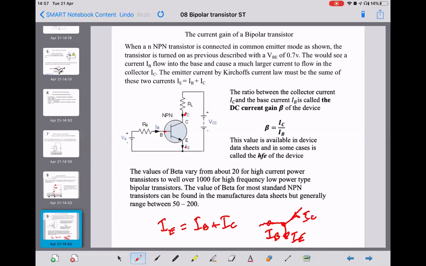I do have to say though, for two given transistors of a particular number, so two BC109s or something, you could have very different betas for each of those transistors, and yet they're supposed to be the same. It is quite a variable function of the transistor. There are ways around controlling that, but for most devices, it is quite variable, even for a device of the same name number.